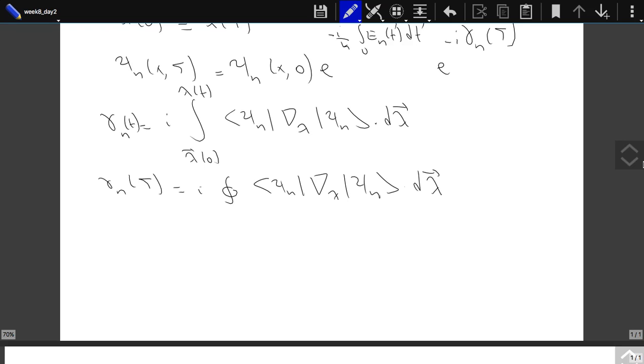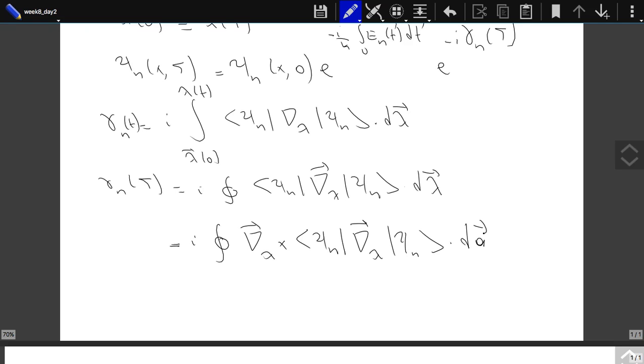Now, furthermore, we can also write this as i times the curl, with respect to these parameters lambda, of this matrix element, integrated over the area enclosed by the path. We are just imagining a parameter space, and the lambdas just go around a closed path in this parameter space.